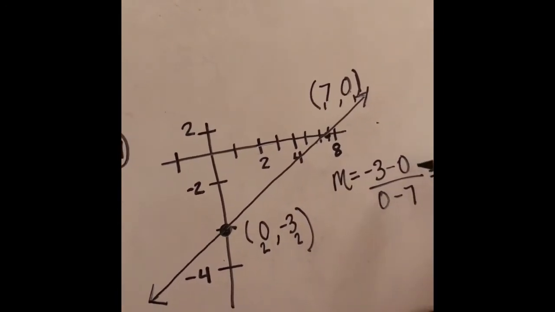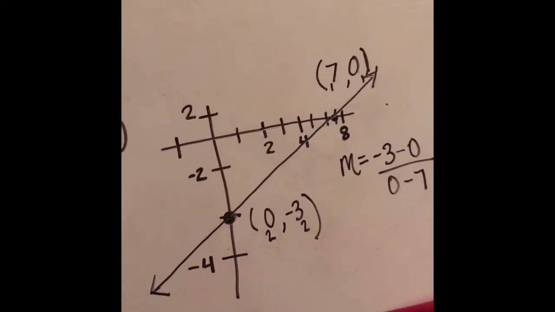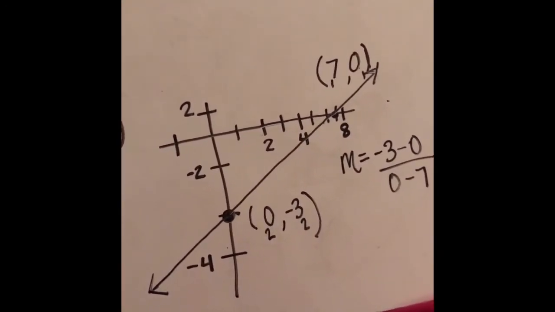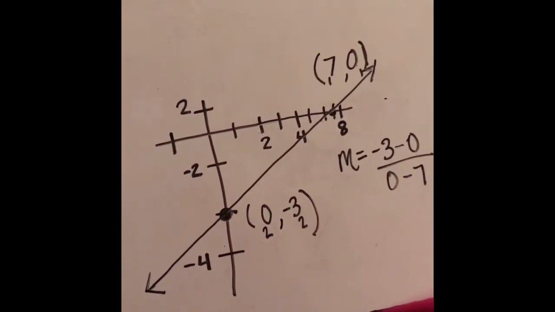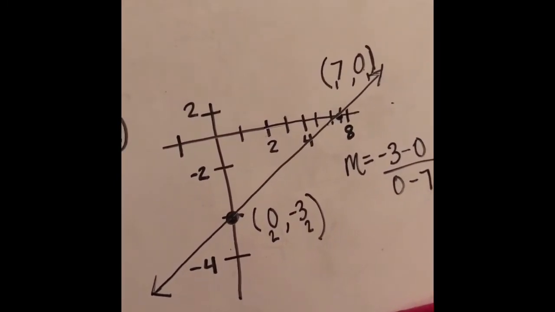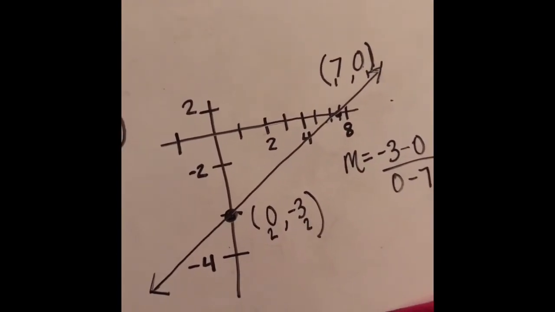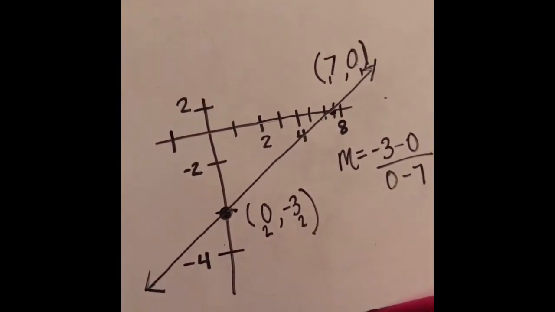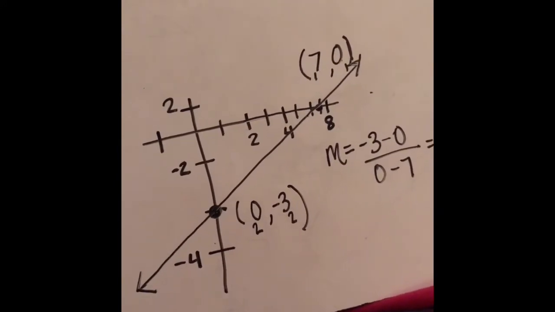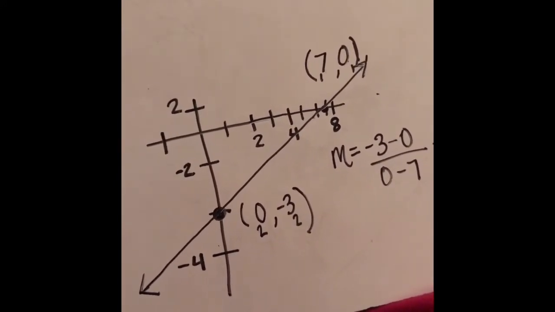So negative 3 minus 0. Remember, I told you negatives are my weakness for whatever reason.